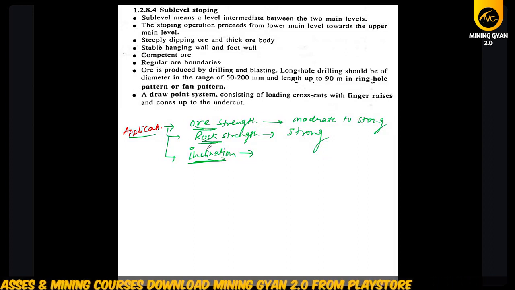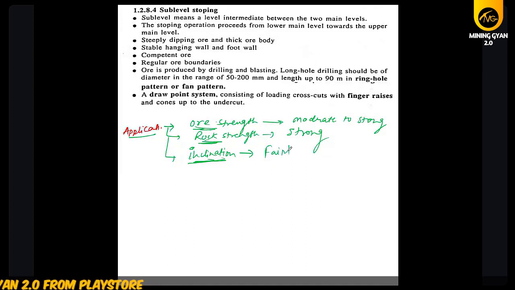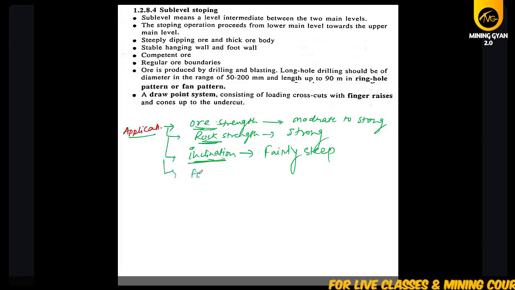Okay, so और strength, rock strength, inclination कितना होना चाहिए? It should be fairly steep होना चाहिए. And the form किस टाइप का होना चाहिए? Form, shape, size tabular हो सकता है.